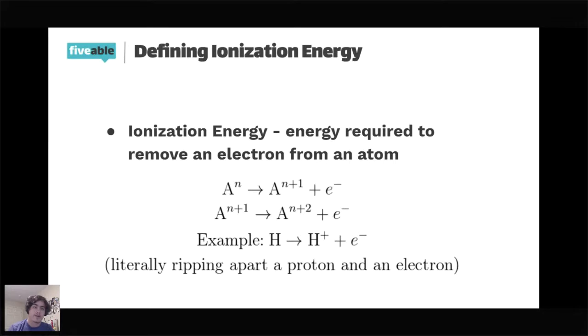And in this case, this example is literally just ripping apart a proton and an electron, nothing more than that. And you can have the first ionization energy, which would be that first reaction, the second one with the second reaction. And obviously for something like hydrogen, neutral hydrogen only has 1 electron, so you obviously can't have a second ionization energy.